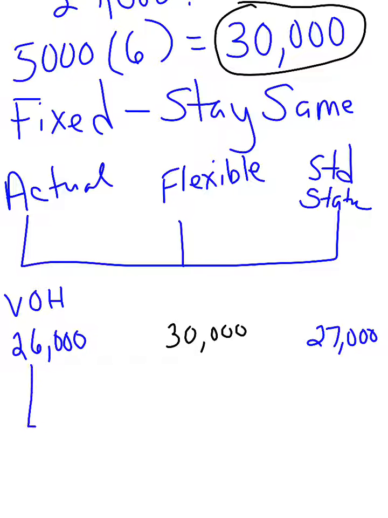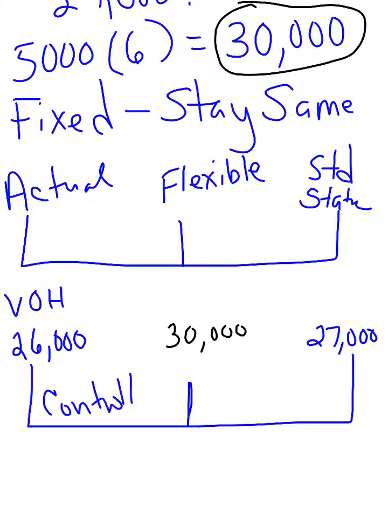So in looking at these variances, this one is the controllable variance, and this one over here is a volume variance. It's based on what's going on with our different quantity amounts.